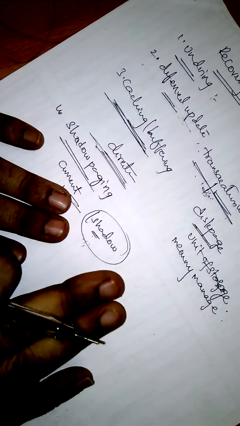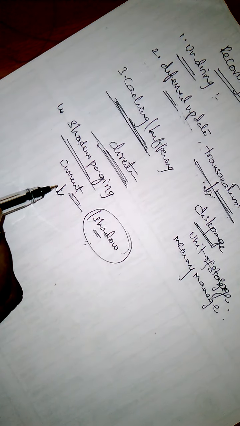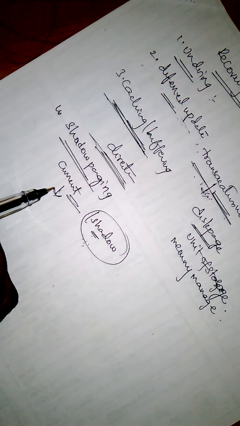Whatever changes we make are maintained in the shadow directory, and if the transaction is completed, that is updated in the database. If there is any failure, the database is maintained in the previous state based on the current directory.